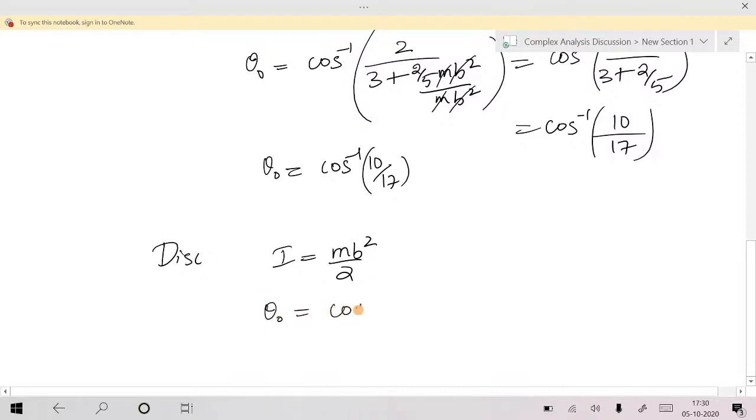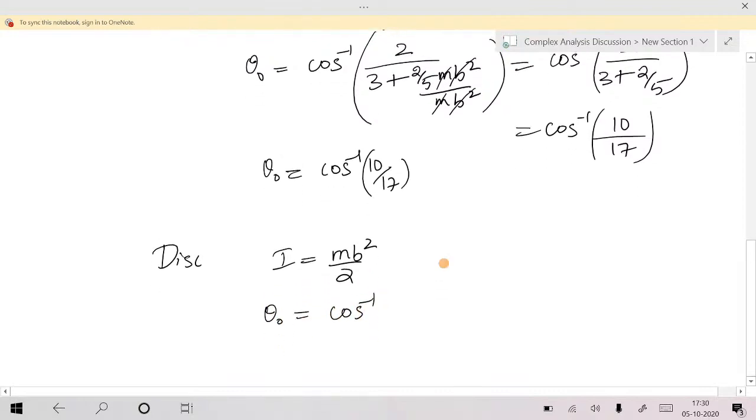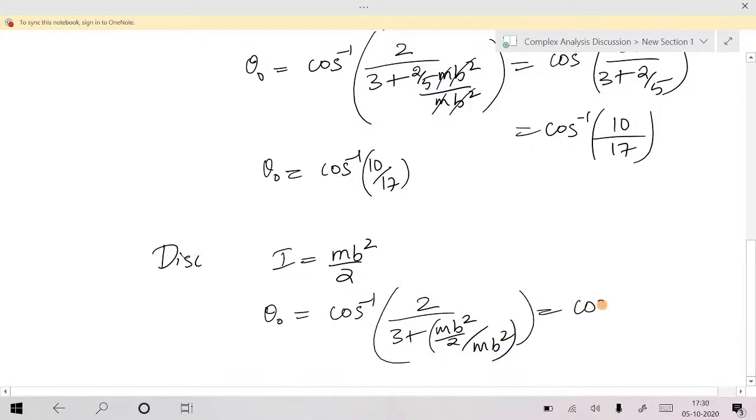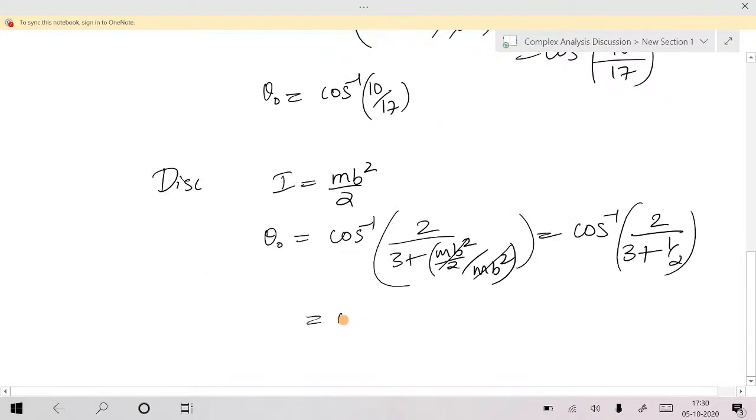Then theta naught is equal to cos inverse of 2 by 3 plus m b square by 2 divided by m b square, which got cancelled. That's equal to cos inverse of 2 by 3 plus 1 by 2. What is this one? Cos inverse of 4 by 7.